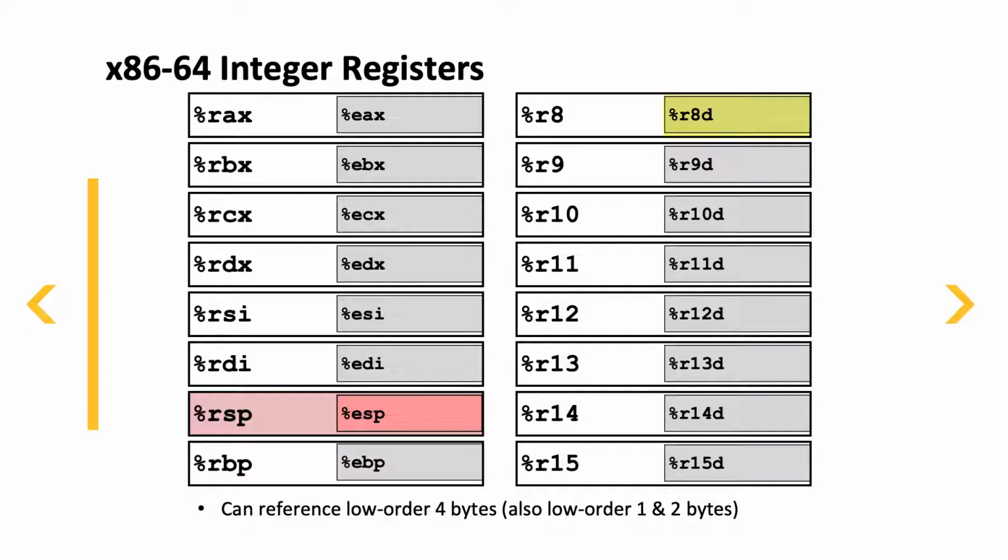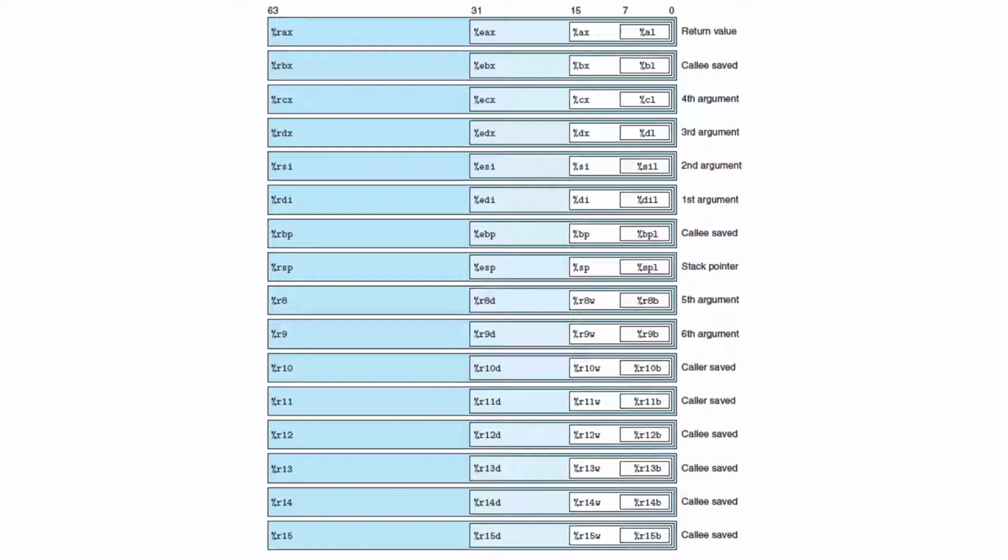R8D will be our double word, or 32 bits. R8W would be a word, or 16 bits. And R8B will be the lowest order byte.